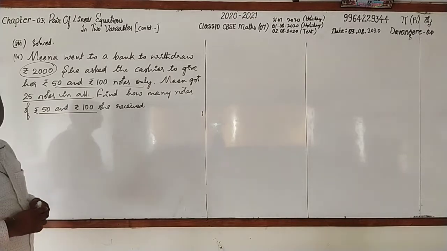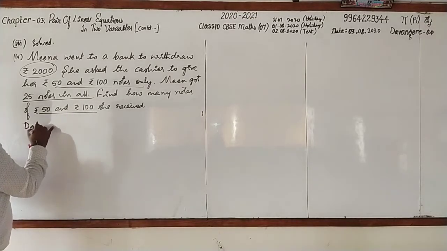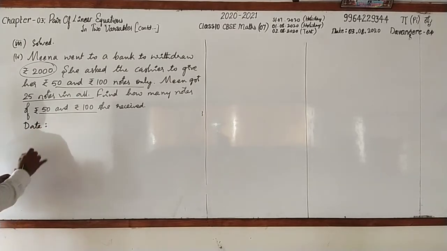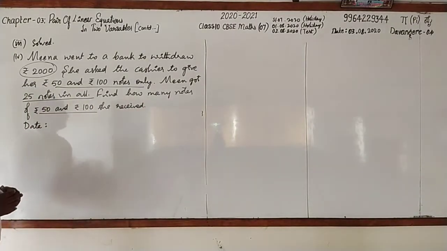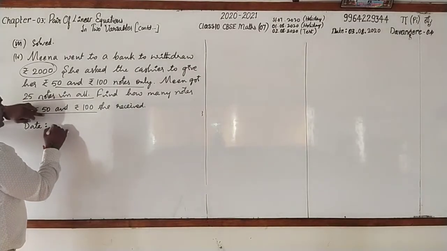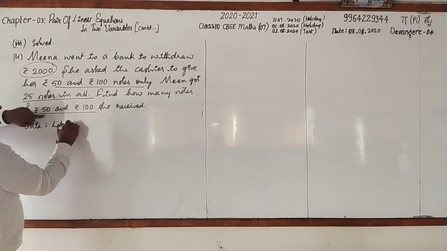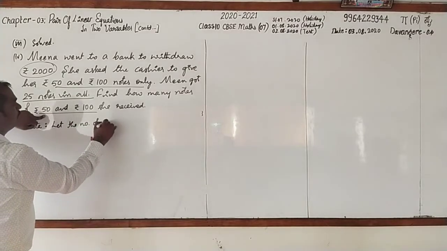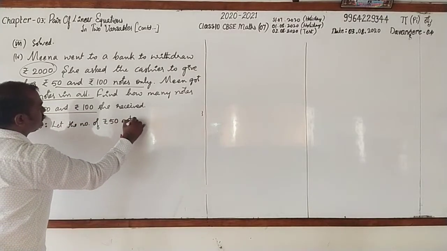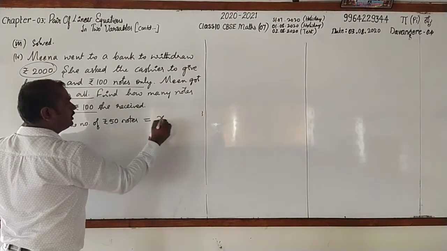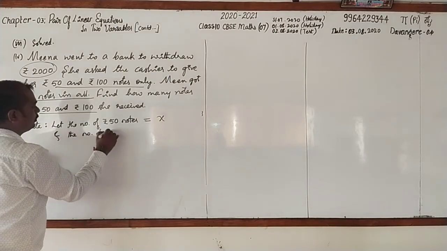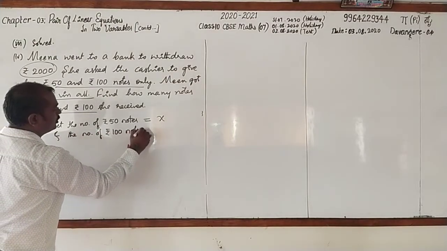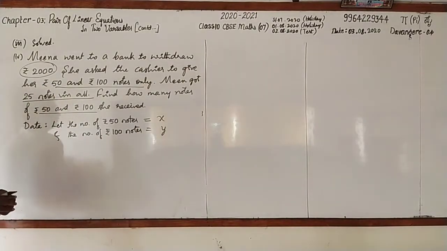Is it not simple? Yes. So first we shall convert the given statement into mathematical equations. Here what are we going to find out? We will find how many notes of 50 and 100 are there. We do not know them. Let us assume them as x and y. Let the number of rupees 50 notes be x, and the number of rupees 100 notes be y.